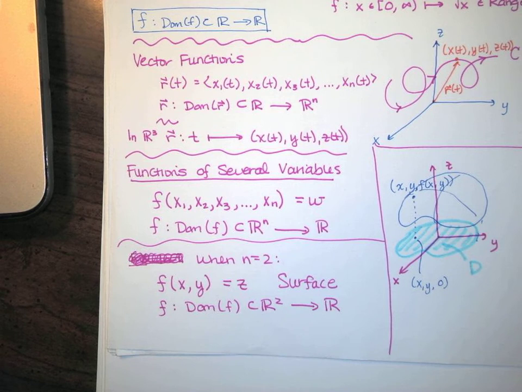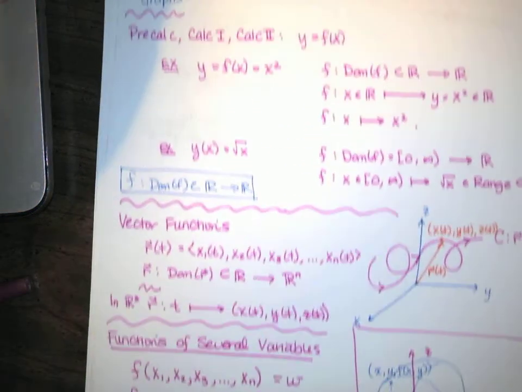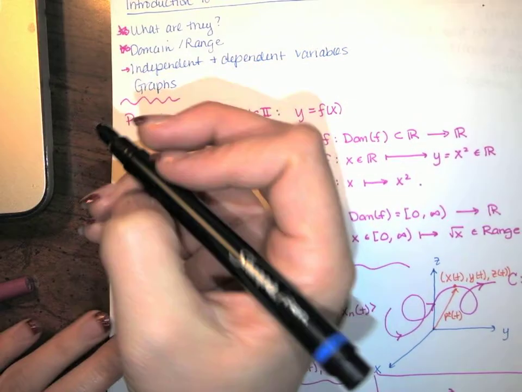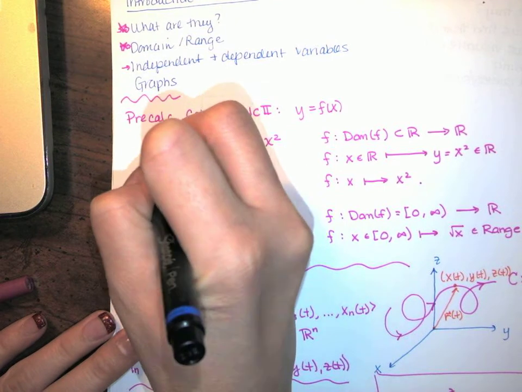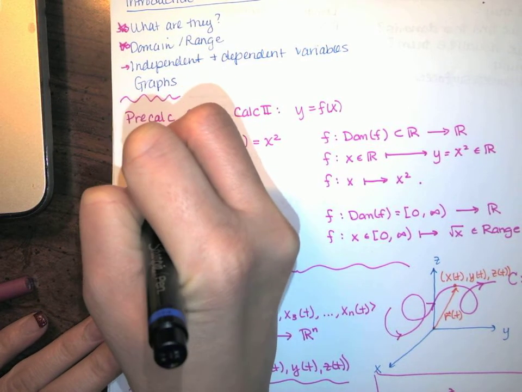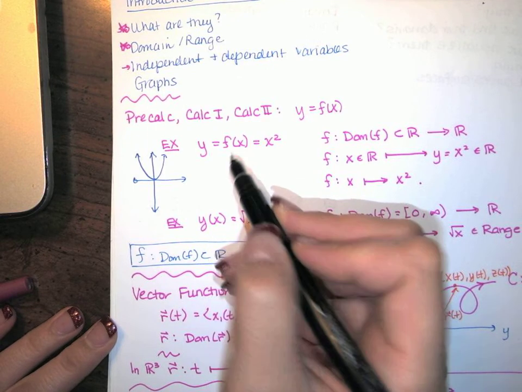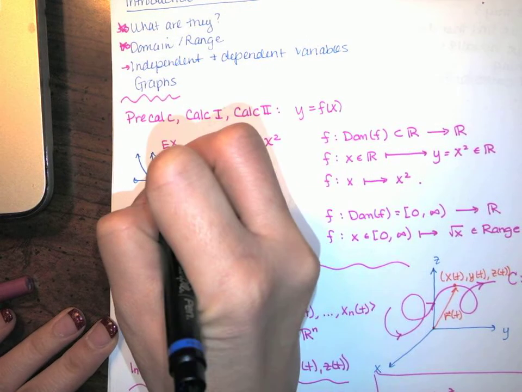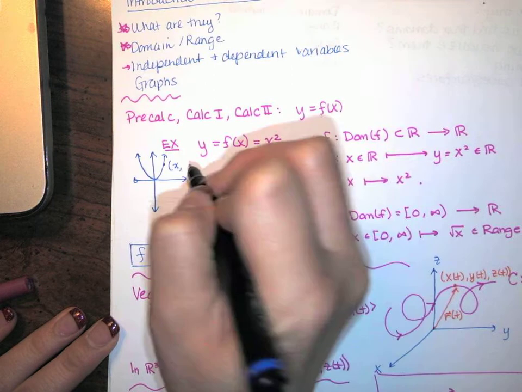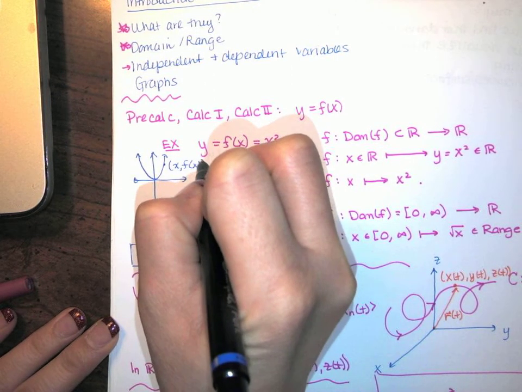Now, we didn't talk about this much when we were discussing graphs back in Calculus 1 or Calculus 2 or even in pre-calculus. But when we graph these functions, f of x equals x squared, this is a function of one variable. Its graph is given by a set of points x, f of x.